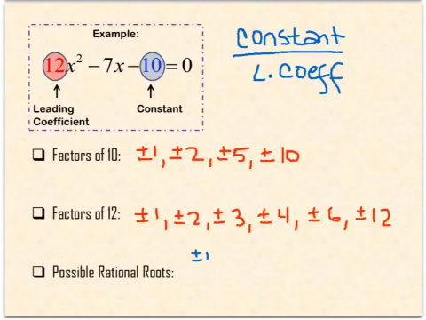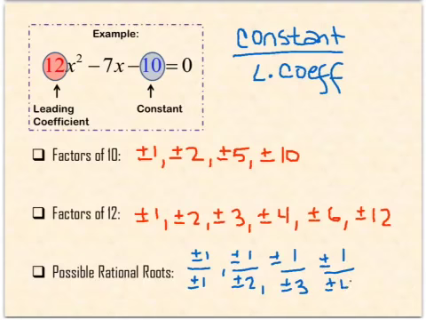and I have to divide them by each of my individual factors for 12. Which means plus or minus 1 over plus or minus 1, plus or minus 1 over plus or minus 2, plus or minus 1 over plus or minus 3, plus or minus 1 over plus or minus 4, plus or minus 1 over plus or minus 6, plus or minus 1 over plus or minus 12.